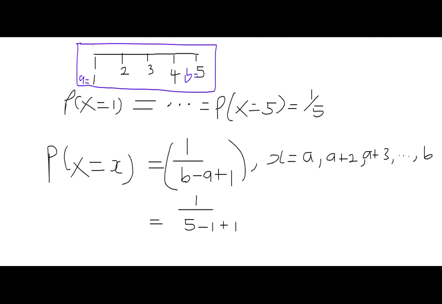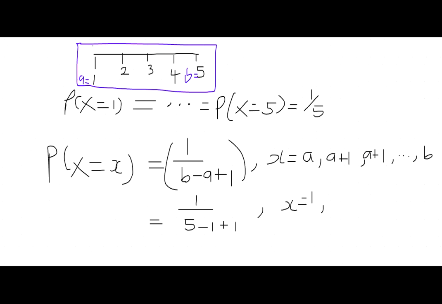As we had before, x will be equal to a. What is a? A is 1. I wrote a plus 2, but it should have been a plus 1 before a plus 2. So this is a more general way of writing it. You notice that you have the same thing. A is 1.